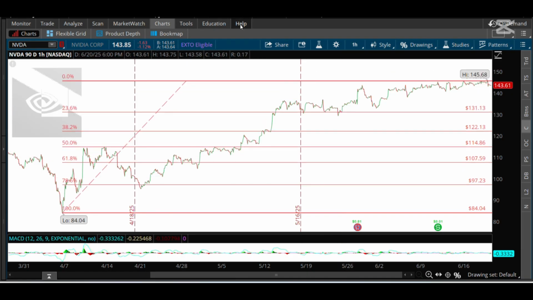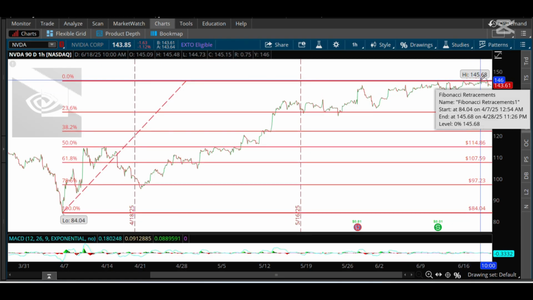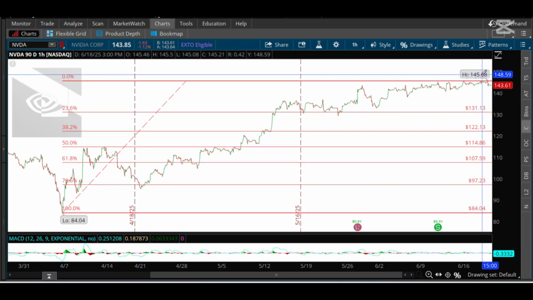So now, as you see on your screen, I have redrawn the Fibonacci levels using a shorter interval, and that is a 90-day hourly interval. Okay, so as you notice, the highest point Nvidia touched in the last 90 days was 145.68, and that creates a strong resistance for Nvidia.